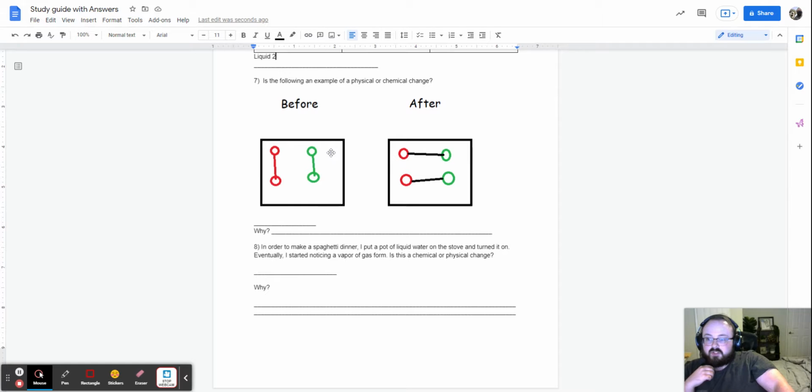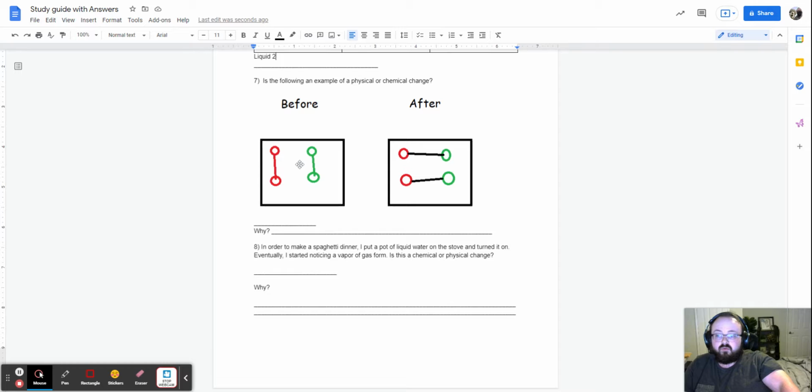All right. So, last two questions. Question 7: is the following an example of a physical or a chemical change, and why? So, right here we have two elements. Let's backtrack there, I'm catching myself making some mistakes.